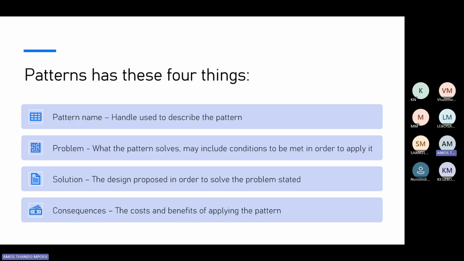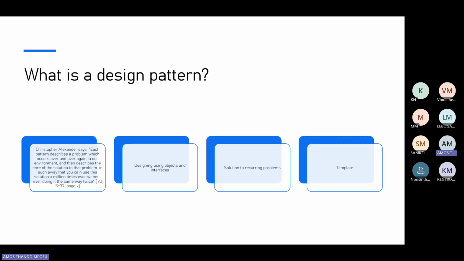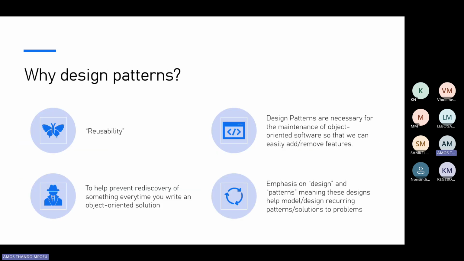It's a way to model or create templates for problems that keep on appearing. When you get into software engineering, there are problems that are going to keep recurring, problems you're going to keep facing.